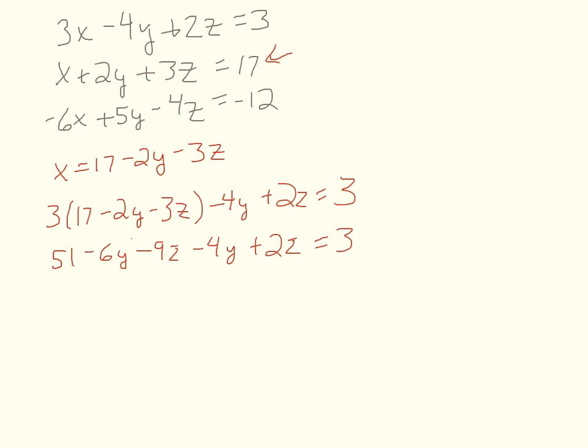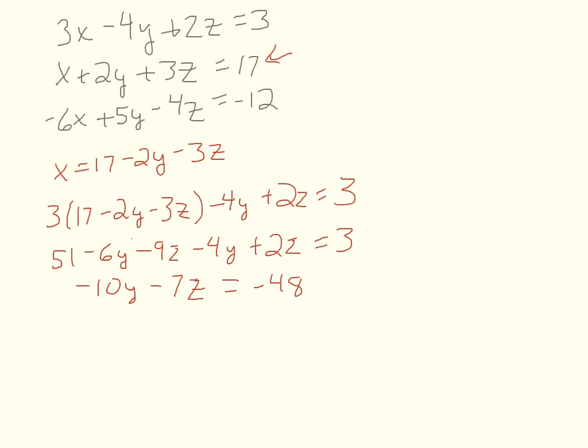Great. So I'm going to take the 51 to the other side because it's the only thing that doesn't have a variable with it. Okay. So now 6 and 4 is a negative 10y. Negative 9 and 2 is a negative 7z.